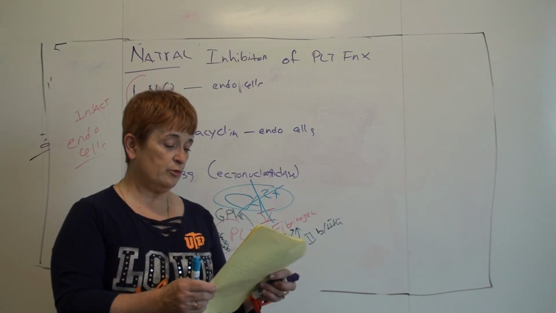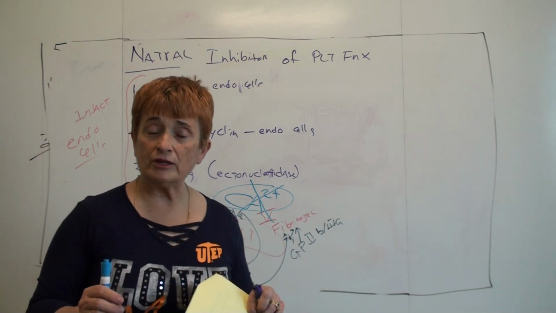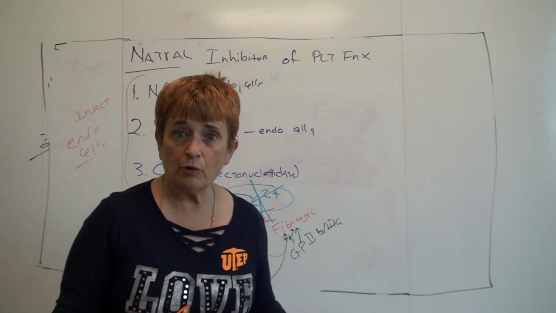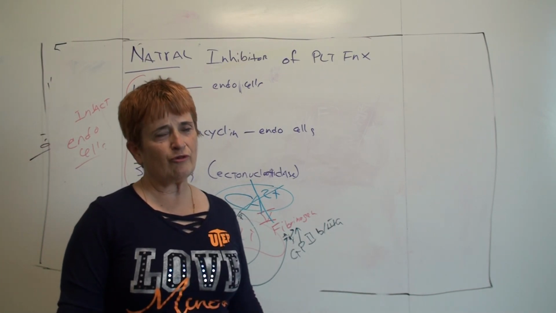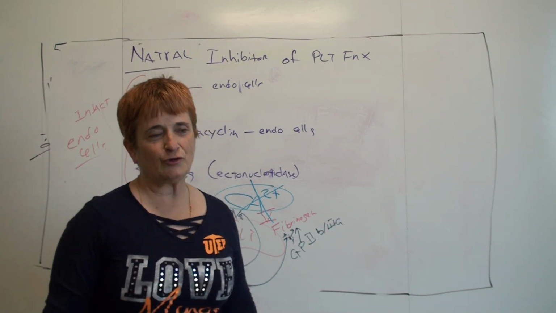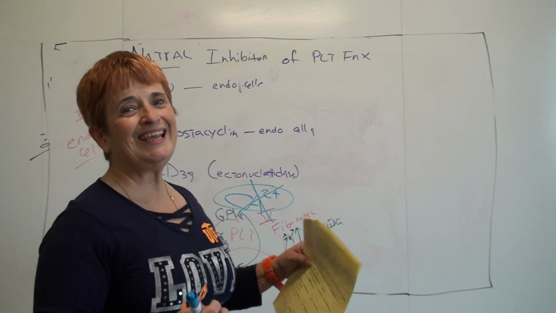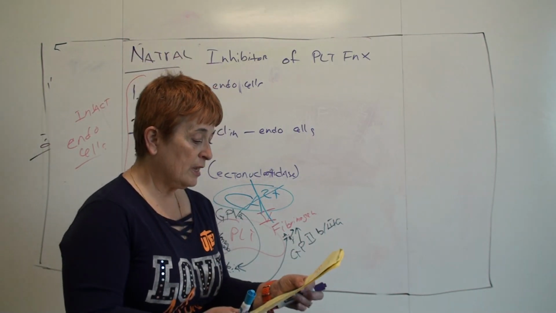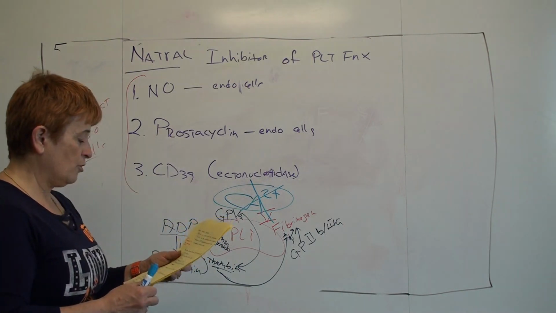So platelets have fibrinogen. The platelets have platelet-derived growth factor. Well, why is that important? They should probably call it not platelet-derived growth factor, but endothelial growth factor. But the platelet secretes this growth factor so that it heals the endothelium. They have the von Willebrand's factor. We know that.